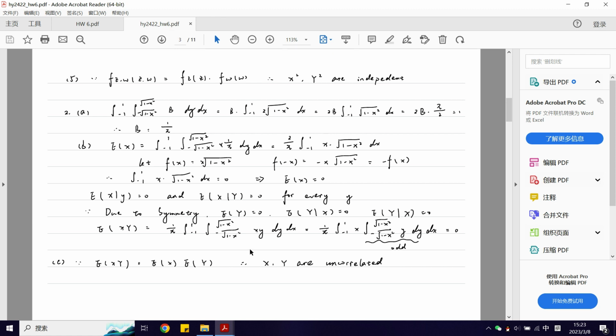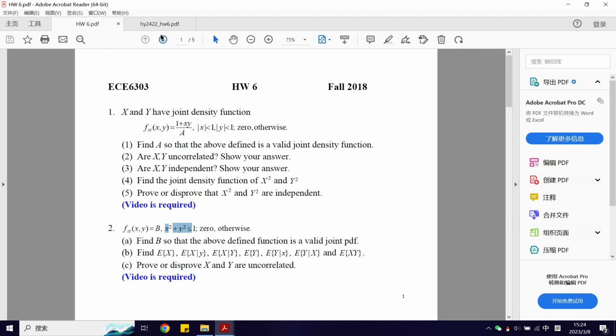So the expectation of XY equals the reciprocal of pi, and then the double integration from -1 to 1, and negative square root of 1 minus x squared to square root of 1 minus x squared of xy dy dx.